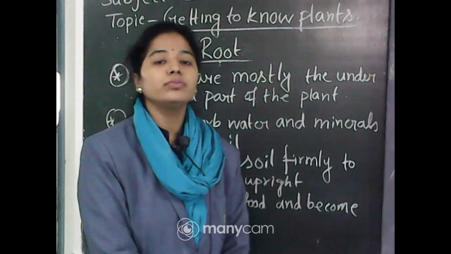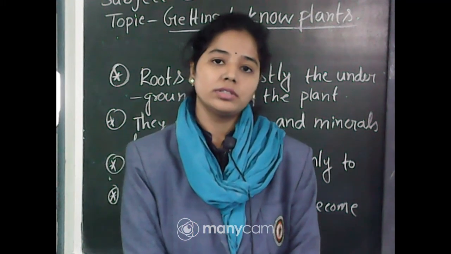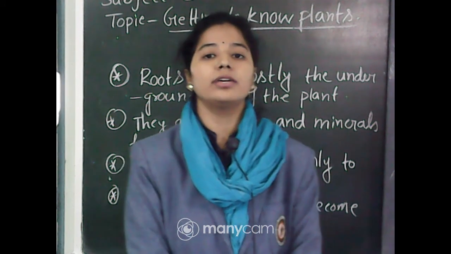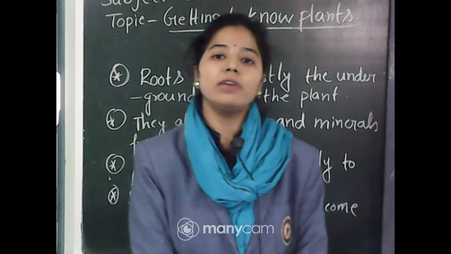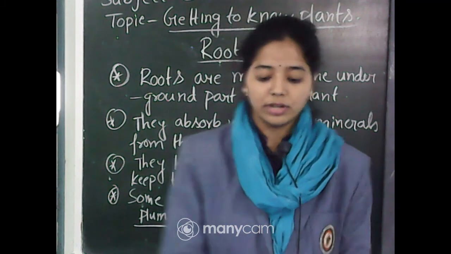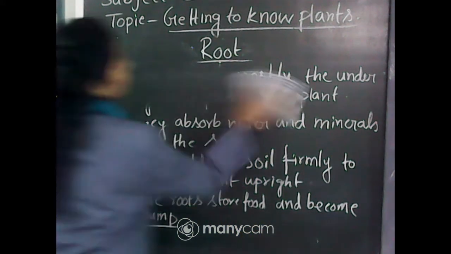Now comes the types of root. You have seen different plants, but all plants do not have similar roots. The roots are mainly of 2 types. One is taproot, another is fibrous root. Now let us divide roots.